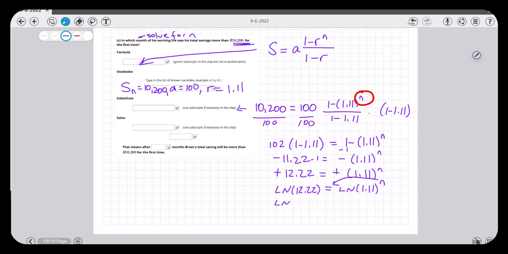And then I could divide both sides by the ln of 1.11, because the N is out front being multiplied. You throw all that in your calculator and you get 23.98. I'll fill this in up here in a second, which rounds to 24 months.